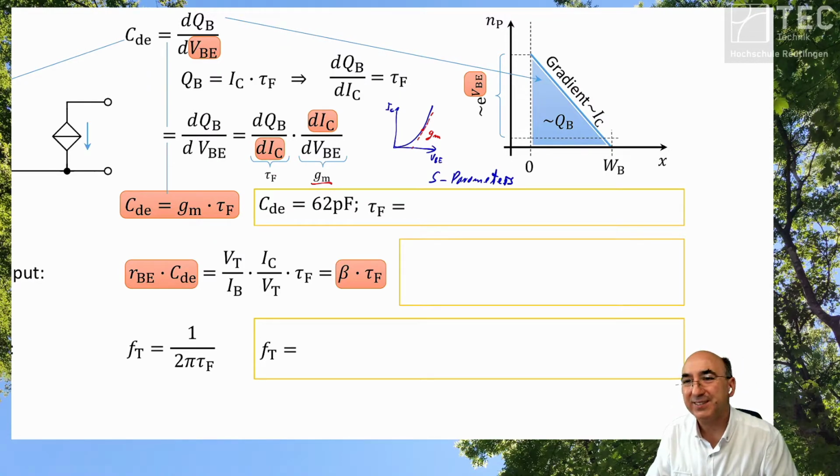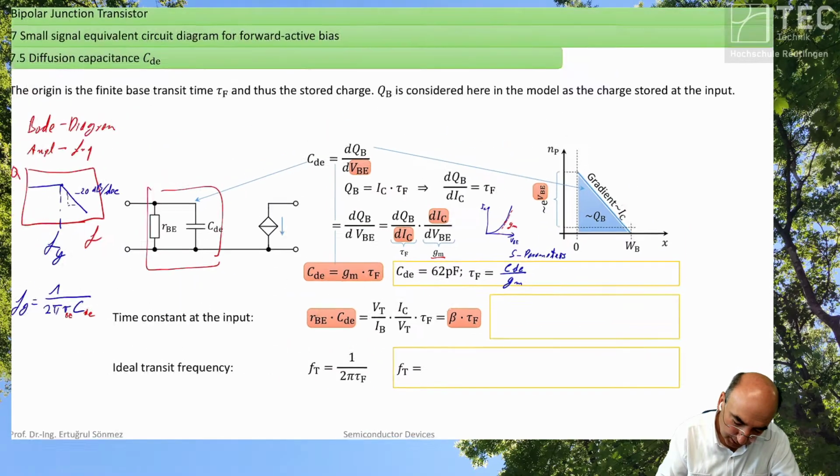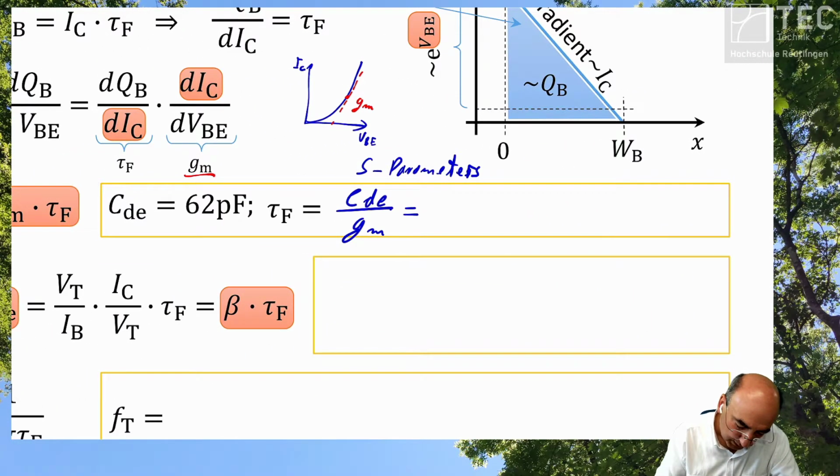We will calculate. Okay, one moment. The equation looks like this now. If we want to have this, we have to put this into the denominator, and here we are. And then we add the values, picofarad, divided by the transconductance. It is calculated by IC divided by VT.